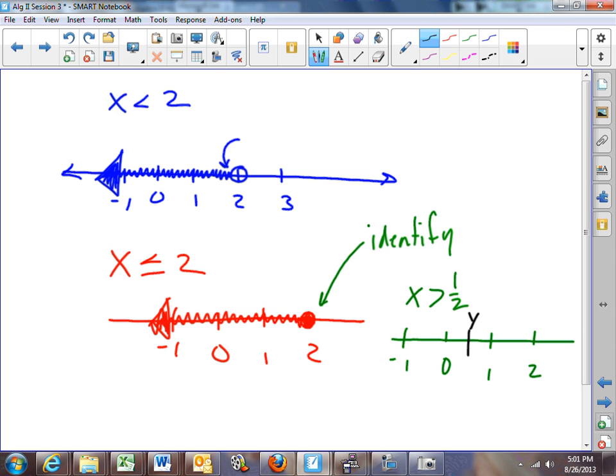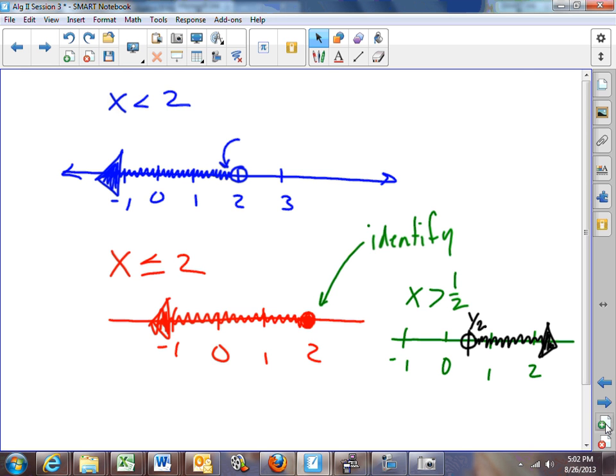So you need to label that line. In other words, if you put a line in other than a grid point, label what that line is. Now, we would put an open circle around that, and since x is greater than 1/2, we would shade this way. But you will not get full credit unless you actually show what that point is when you put a point in between the grid points on the number line.